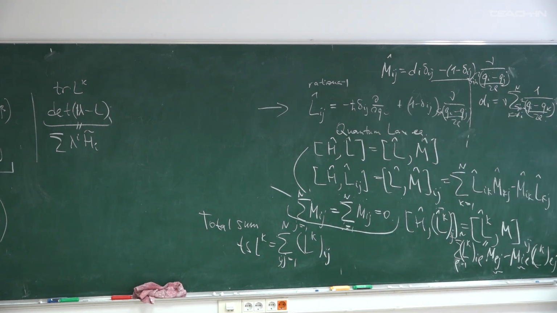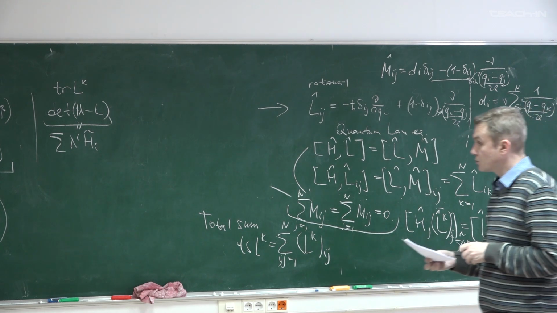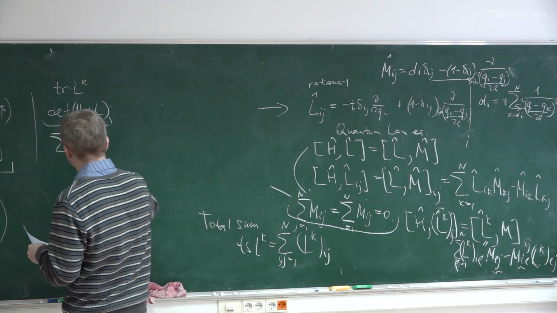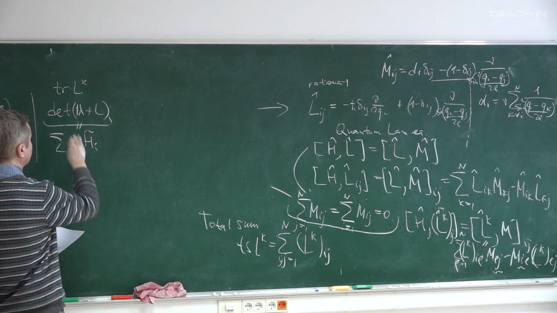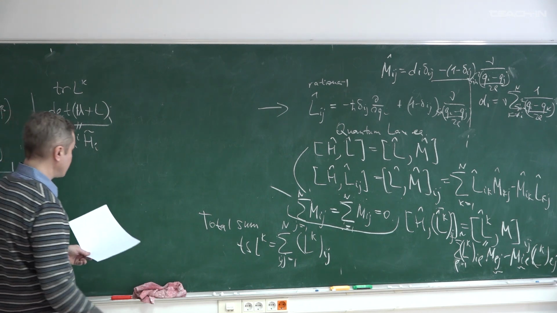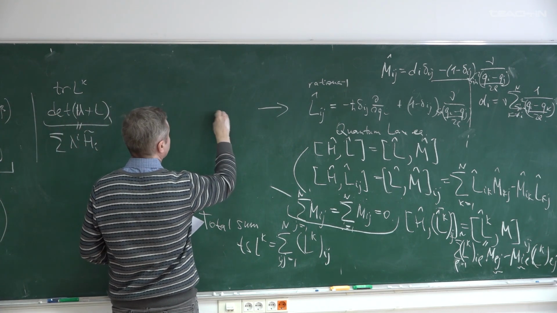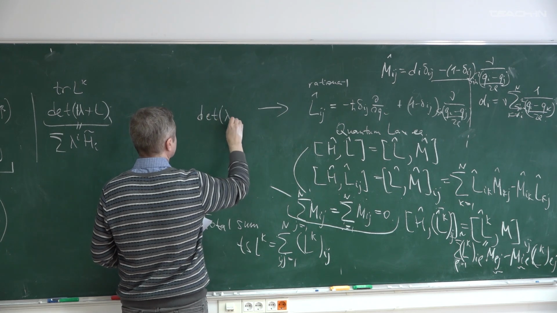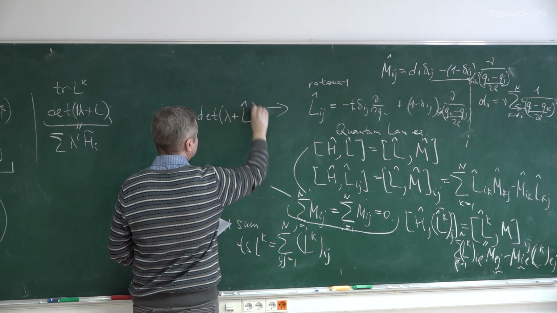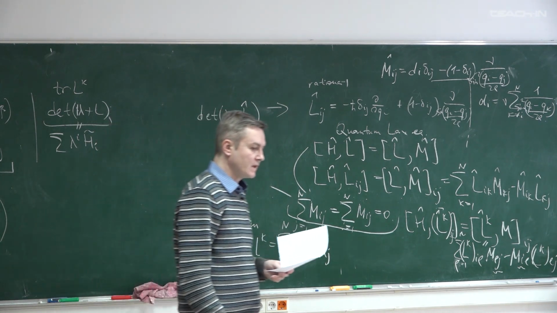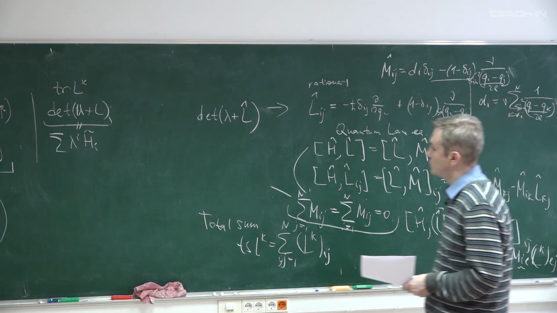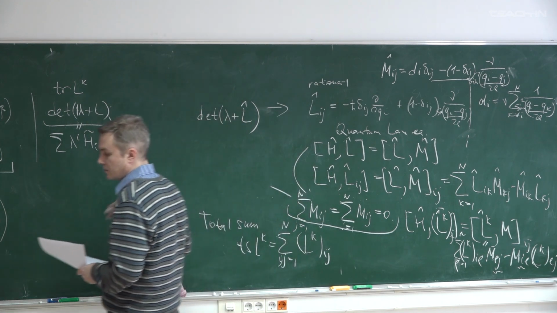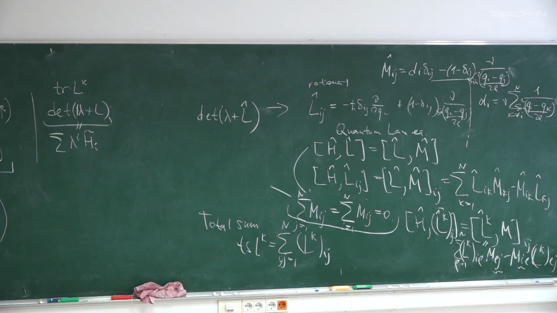And so what I want to say? Let me put plus here. I want to say that there is an analog of this characteristic polynomial in the quantum case. So in the quantum case, we may put here a kind of determinant lambda plus L hat. But in order to compute this expression, you should also explain how to compute the determinant of a matrix whose elements are operators.